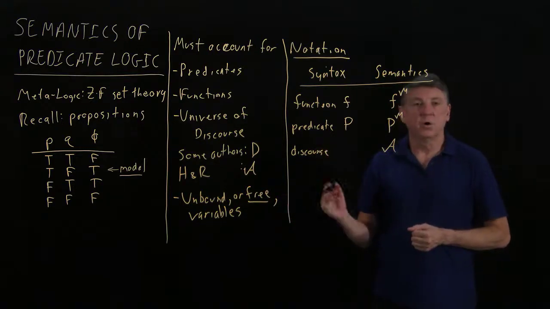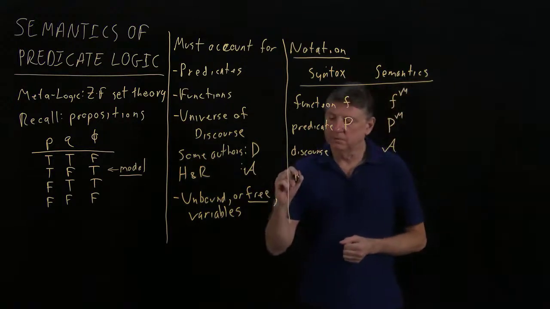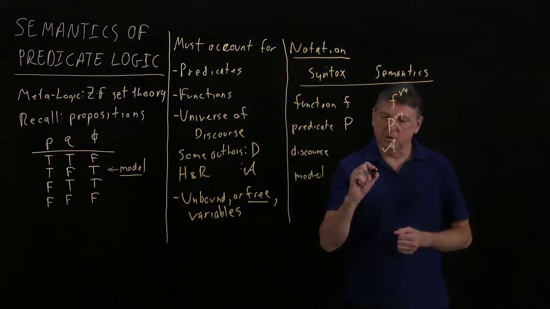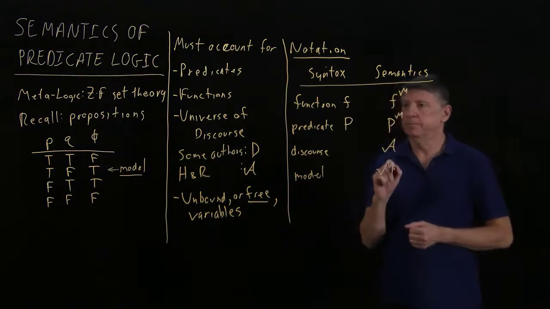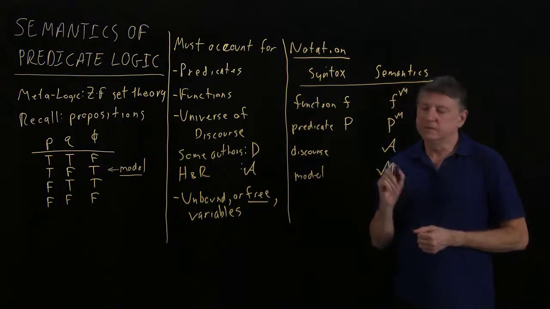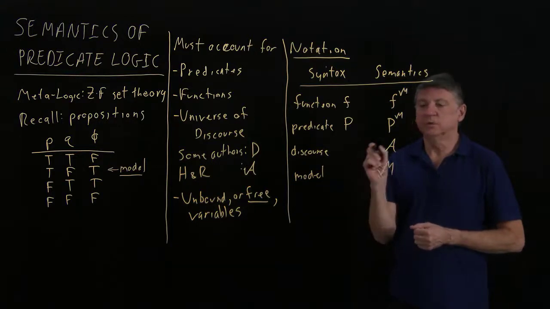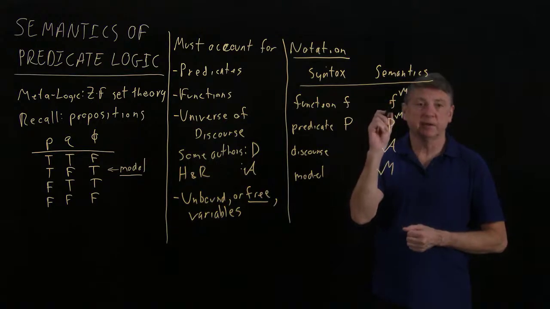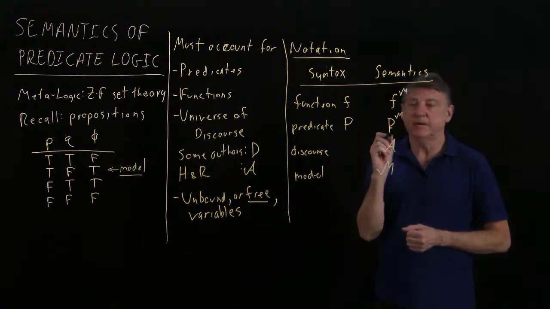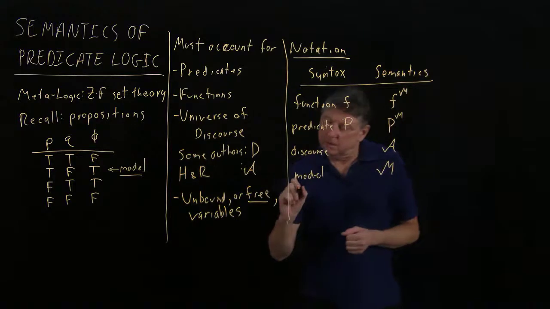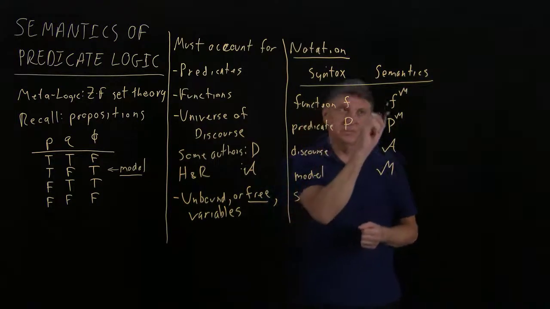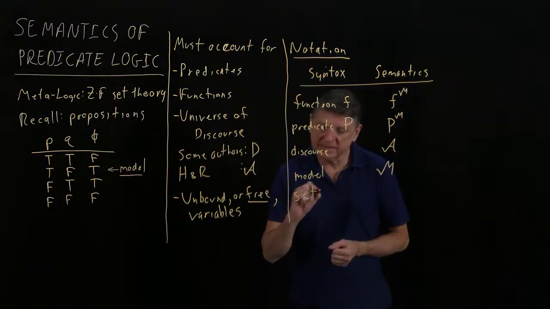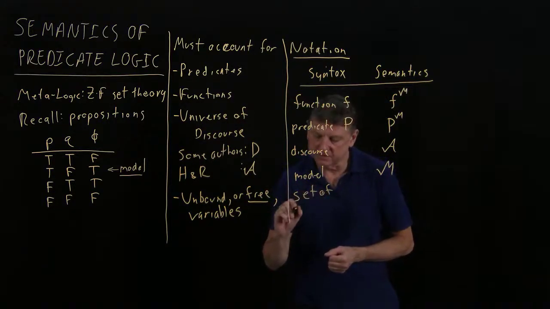So together, all of these are a model, and we'll write a model using a script M. What we'll need to describe for a model is we'll need to specify a universe of discourse, we'll need to define every function, and we'll need to define every predicate. To make these definitions simpler, we'll talk about the set of functions.